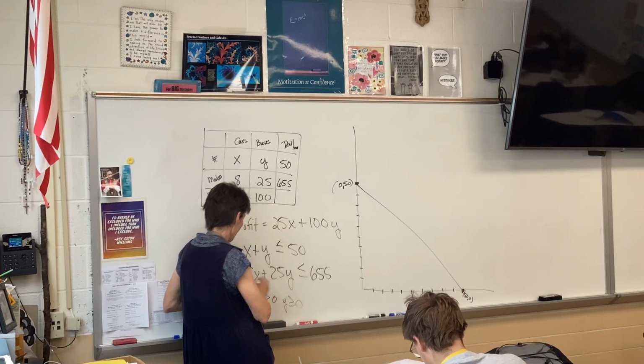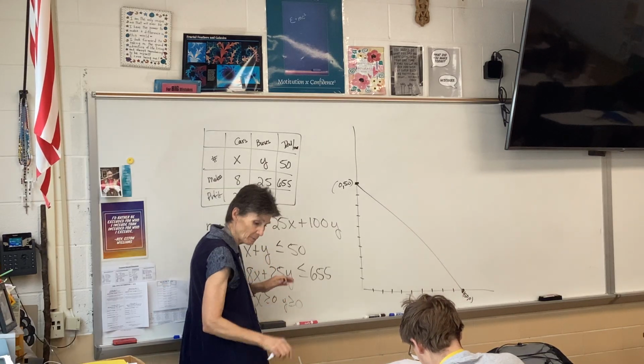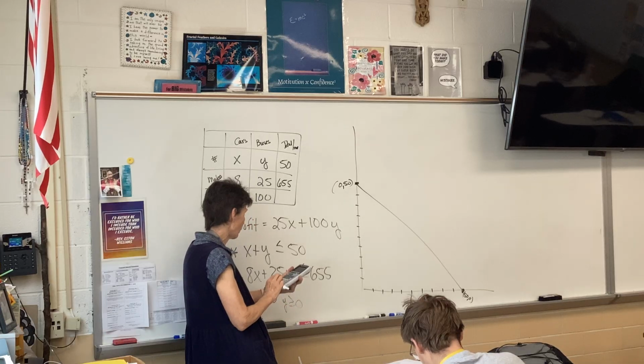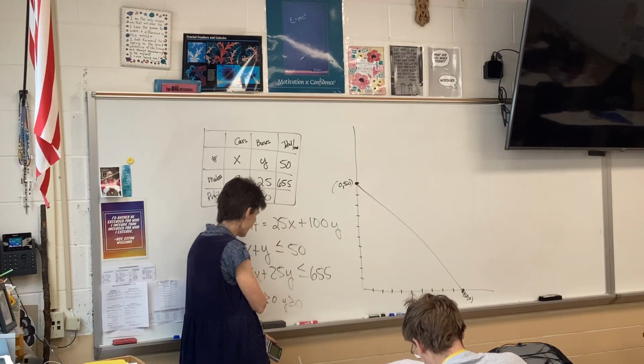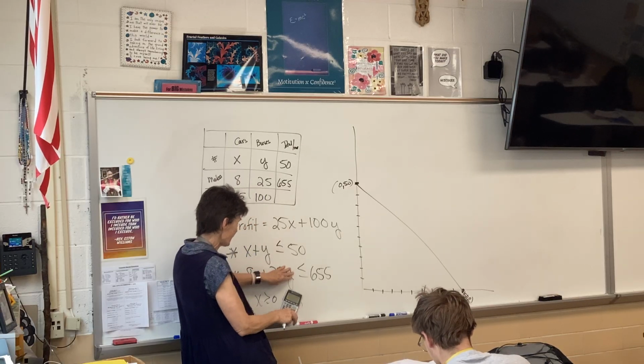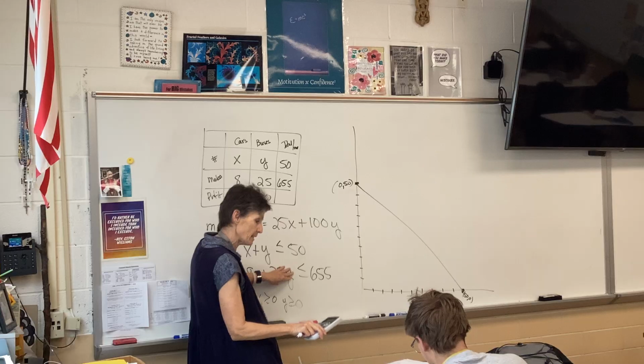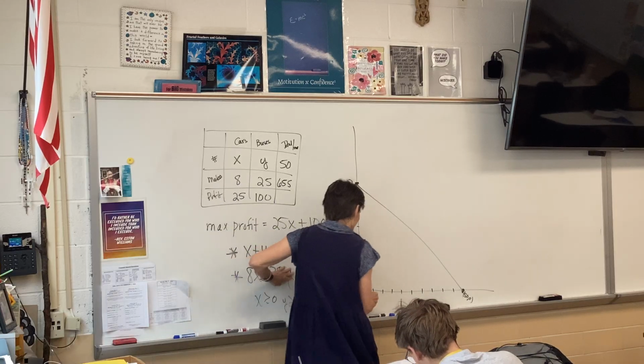Now, in purple, probably going to get some decimals here, right? 655 divided by 8. So this is going to be, cover up y, x is going to be 81.8.